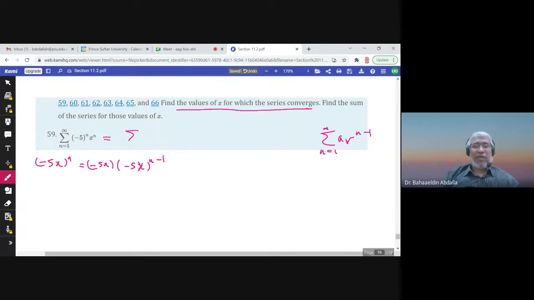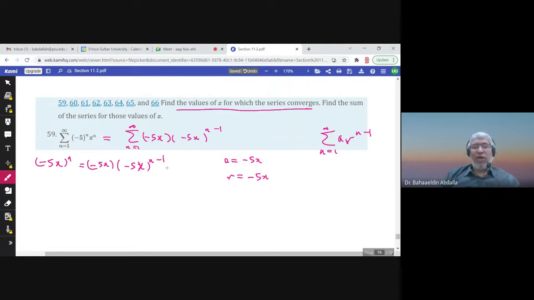And by writing it in this form, it could be compared with the geometric series, in which a is negative 5x and r is also negative 5x.